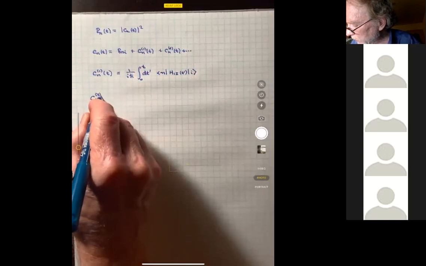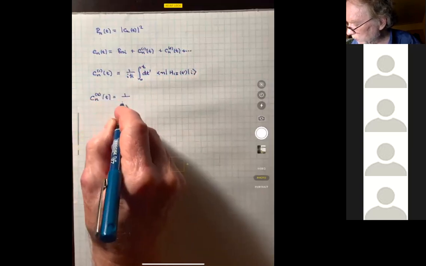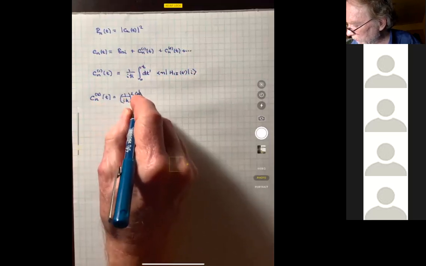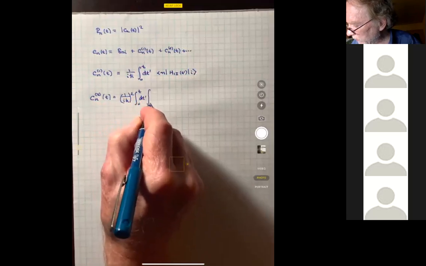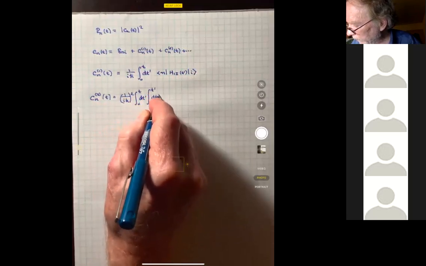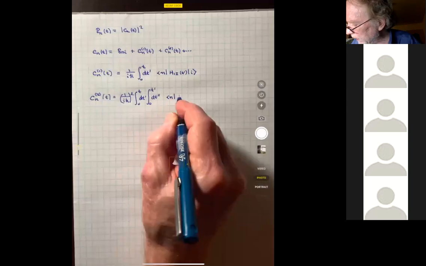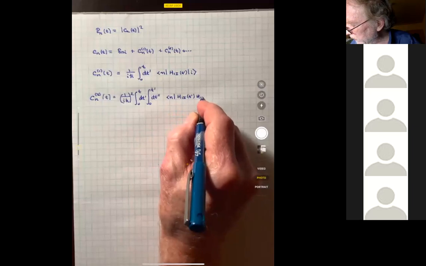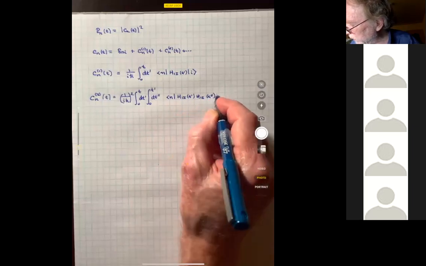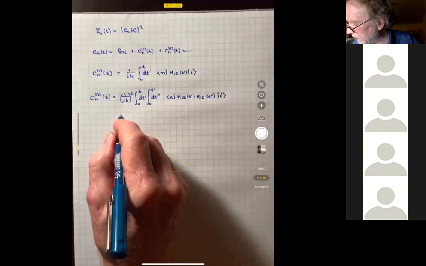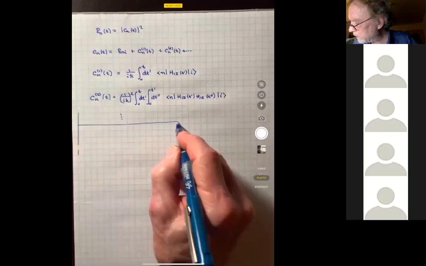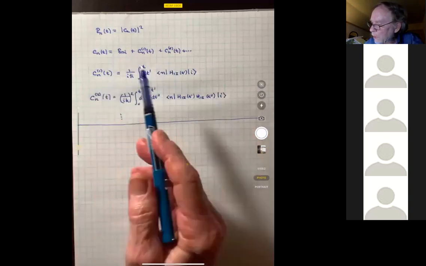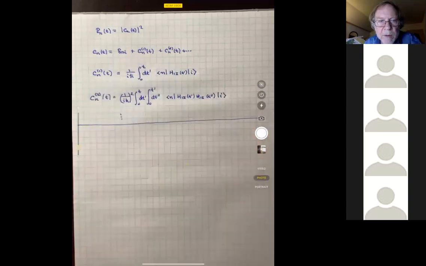At second order, Cn2 of t is 1 over i h bar, quantity squared, the integral from 0 to t dt prime, the integral from 0 to t prime dt double prime. And then we have the scalar product n on the left, H1 interaction of t prime, H1 interaction of t double prime, two powers of H1, and then the initial state i, and then et cetera. You can see the pattern here. So these then are explicit expressions for the first, second, and so on order corrections to the transition amplitude.